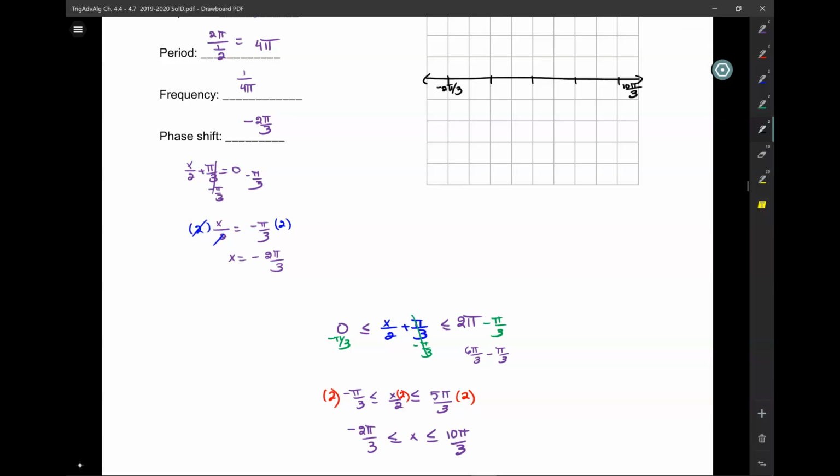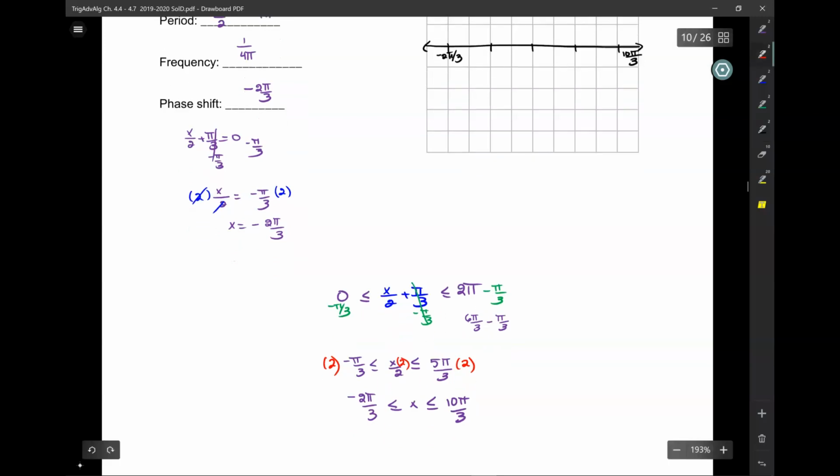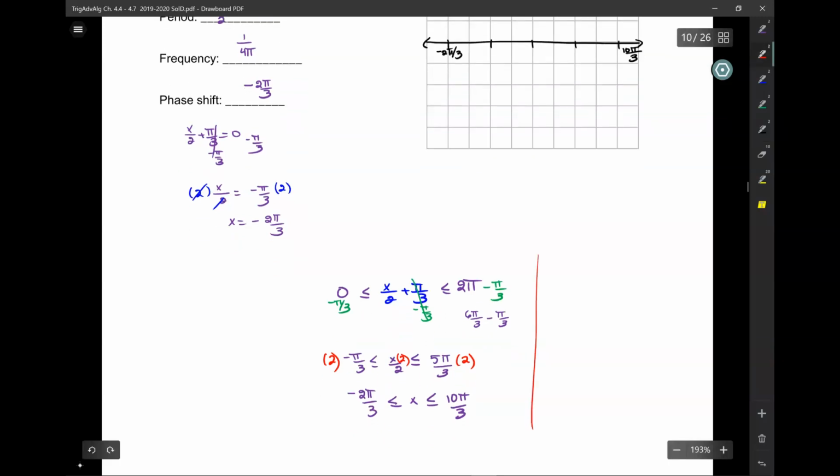Okay, now we need to find the midpoints of these, right? So for each one, I have to do half of what it's the midpoint of. Okay, the red one, it's half of the sum of negative 2 pi over 3 plus 10 pi over 3. So it's half of 8 pi over 3, 4 pi over 3. Okay? All right.